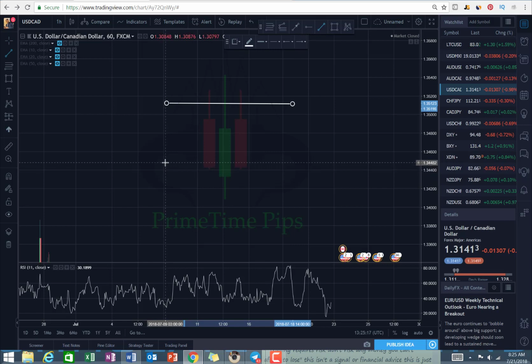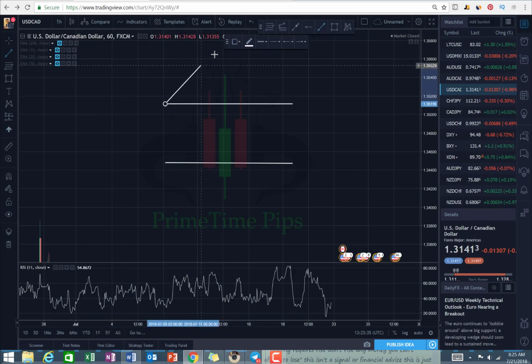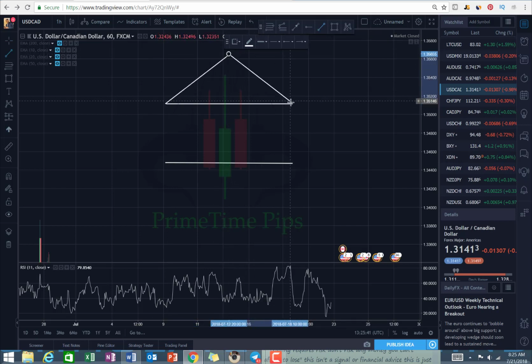Support and resistance, the way I want you guys to think about it, to make it simple, is think of it as a house. Matter of fact, I'm going to make it a house. Ignore the roof that I'm making now. I just want to make this simple. This is why you guys watch the videos, because they are made simple.